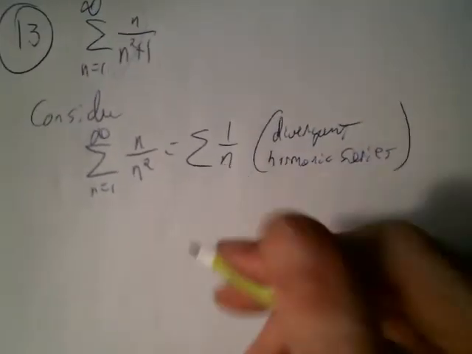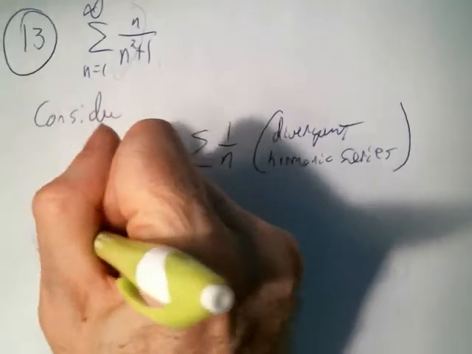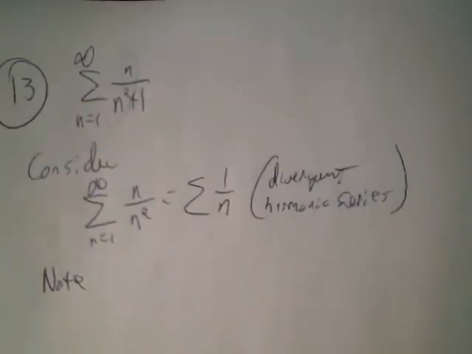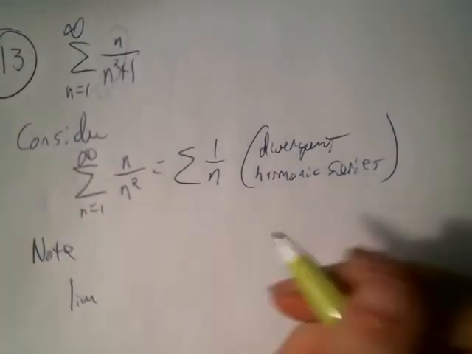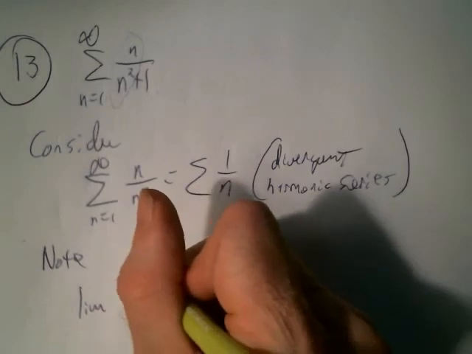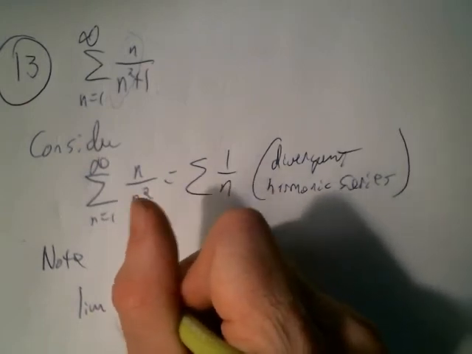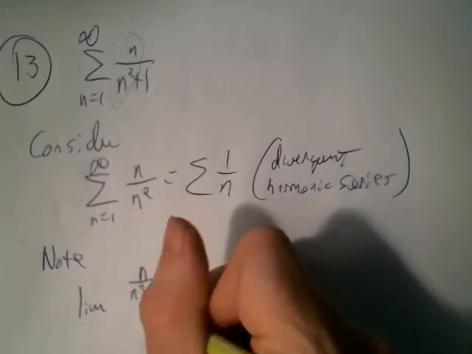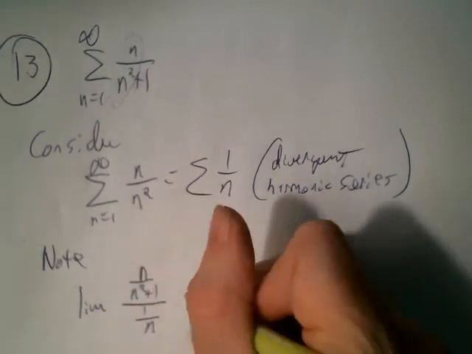Right, then we make a limit, which is the ratio of the terms of this series and the terms of this series. You put this over this or vice versa, it doesn't matter. Let's go n all over n squared plus 1 all over 1 over n.